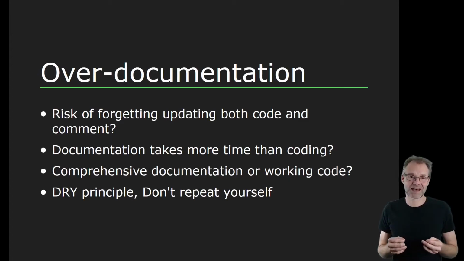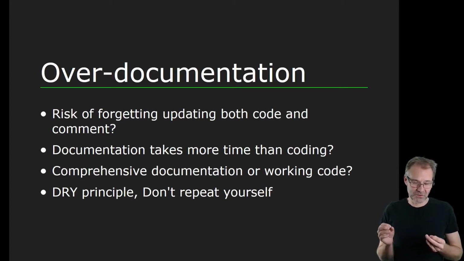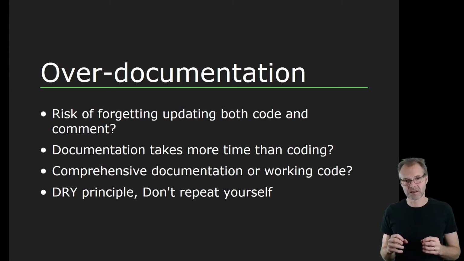That would be a bad thing. We really want to keep our documentation and code DRY, so we don't want to repeat ourselves and have duplicated information. So when we use Docblock comments, we should only try to add what does not exist in the code. That would be the optimal way of doing it.